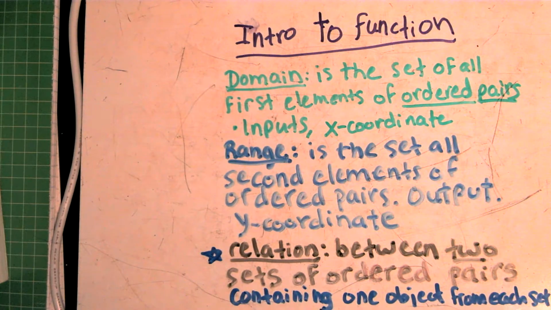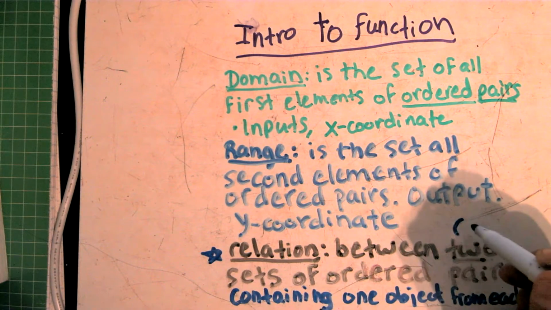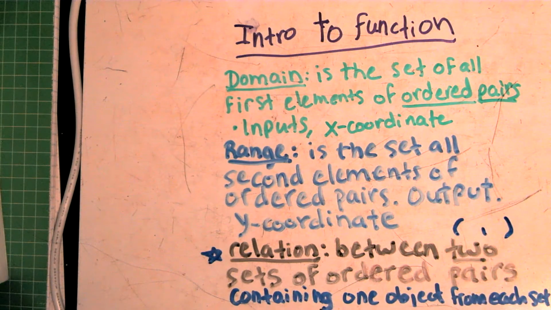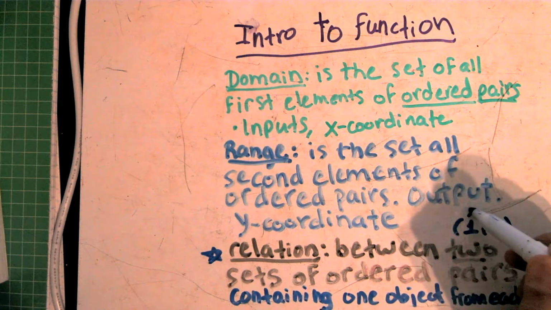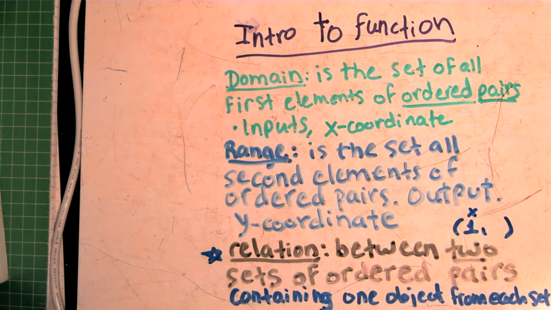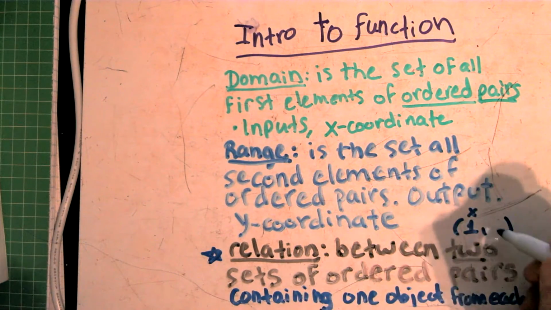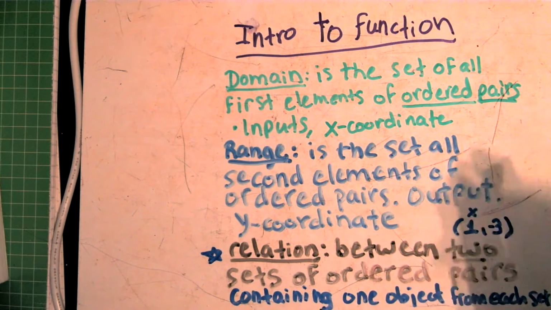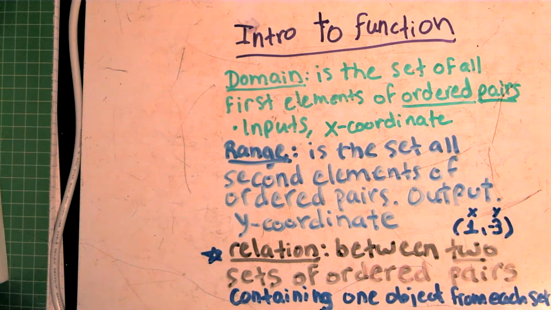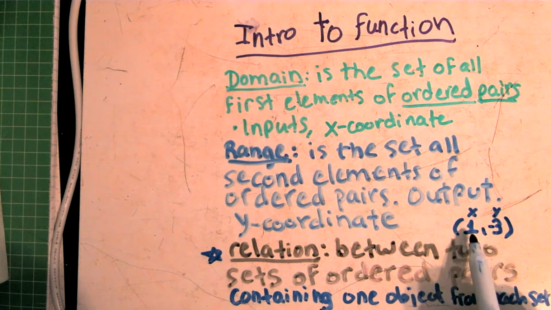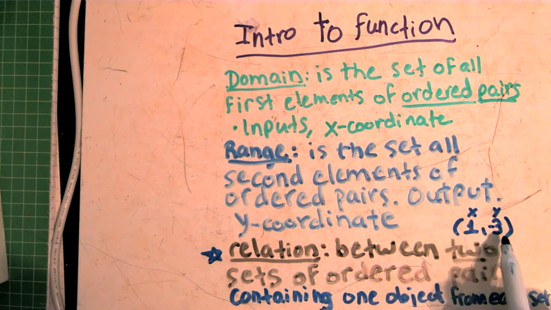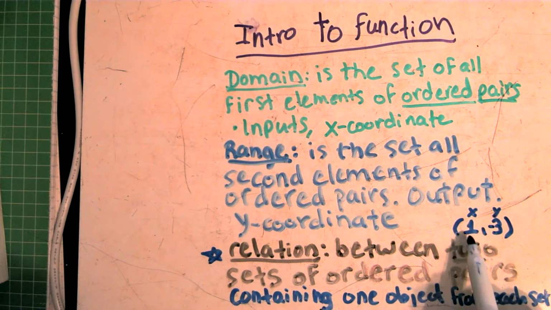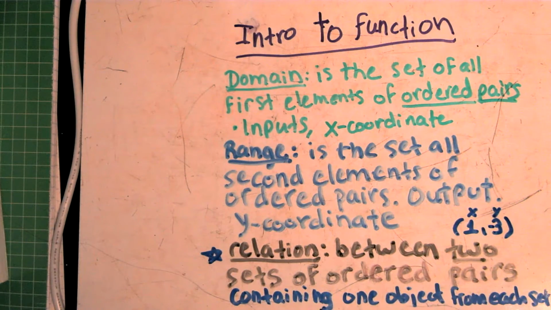So a perfect example of a relation in math is a coordinate pair where the first value is an object of the first set, the domain or input, and the second value is an object from the second set, which is the range. So an input, and this is its output assigned to this input. That's an example of a relation.